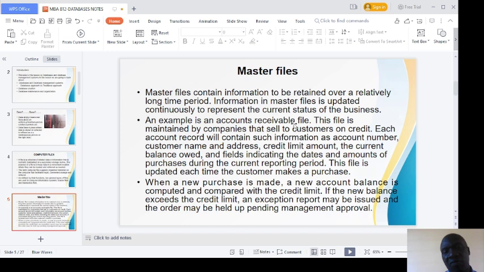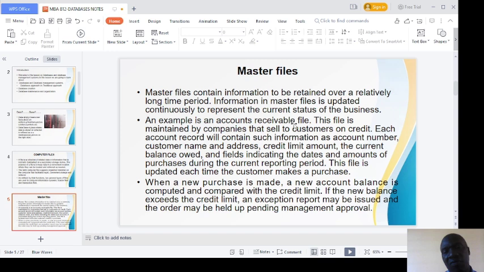That type of information is stored in a master file. For example, your date of birth, your results, the grade you got, even in primary, even in secondary, even at your undergraduate, you may find that they are still existing somewhere, should you lose any of your transcripts or your certificates. So that's what we mean by master file. This is the file that retains information over a relatively long time period.